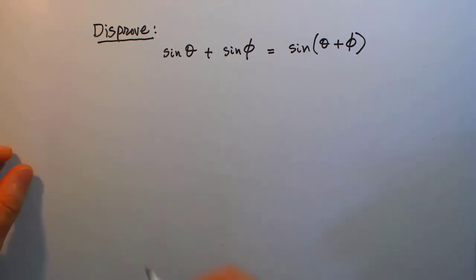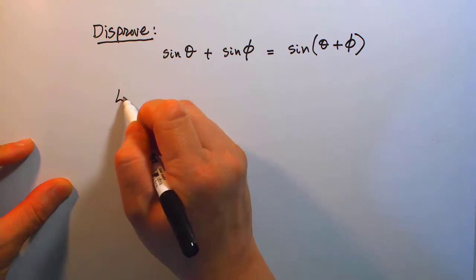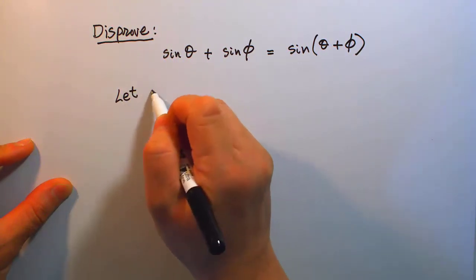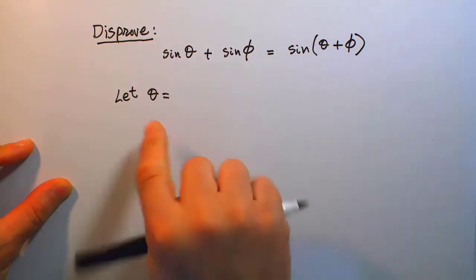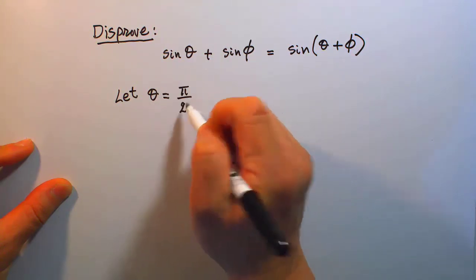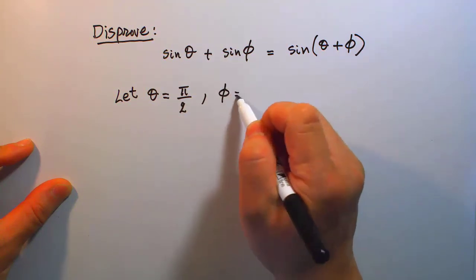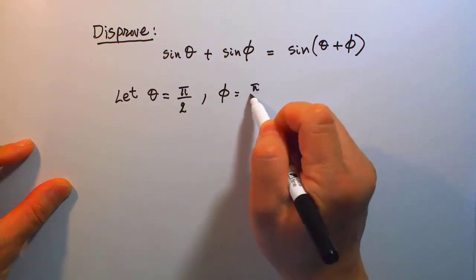I can come up with a counter example, being theta equals pi over 2, and how about let phi equal pi over 3.